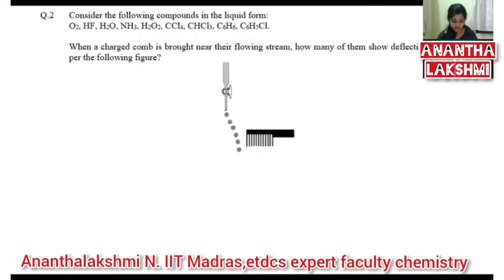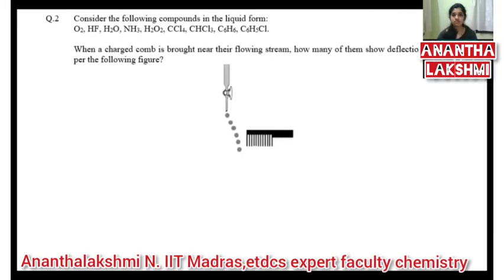This question is from the chemical bonding chapter. Let's read it. Consider the following compounds in the liquid form. When a charged comb is brought near their flowing stream, how many of them show deflection as shown in the figure?